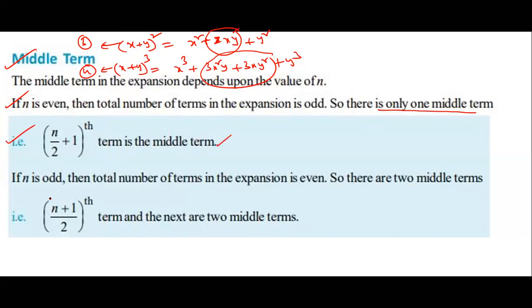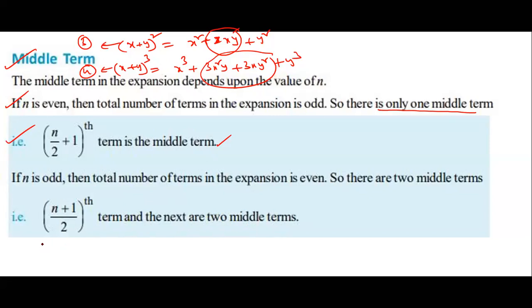Fine. If n is odd, then the total number of terms in the expansion is even, so there are two middle terms. That is (n + 1) by 2 th and (n + 3) by 2 th term, you can consider that one.